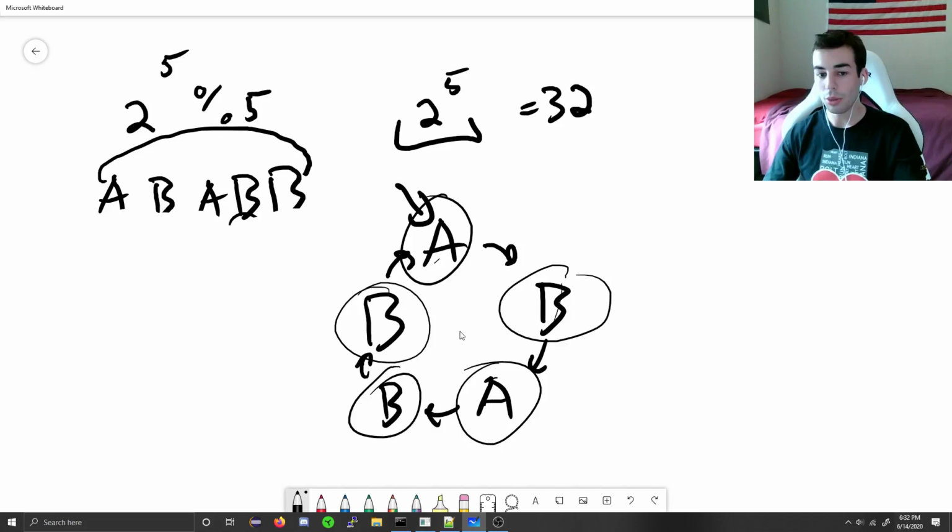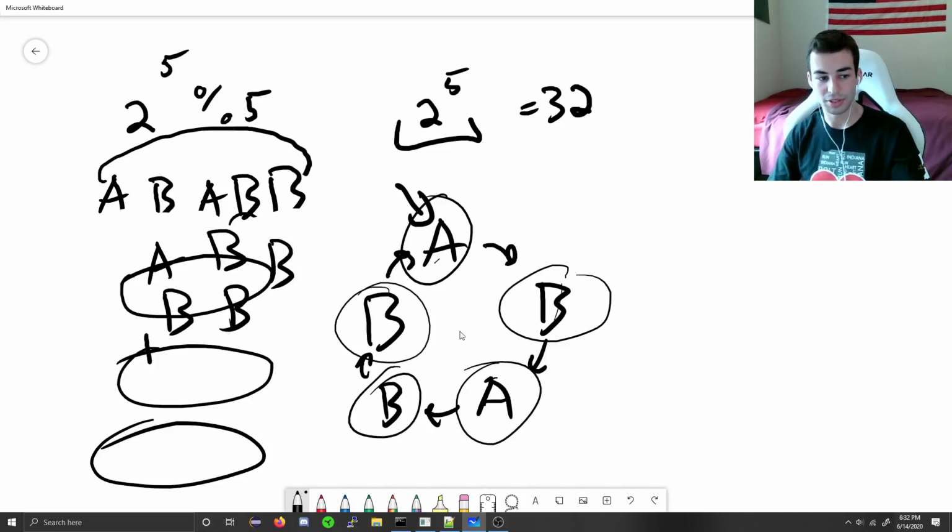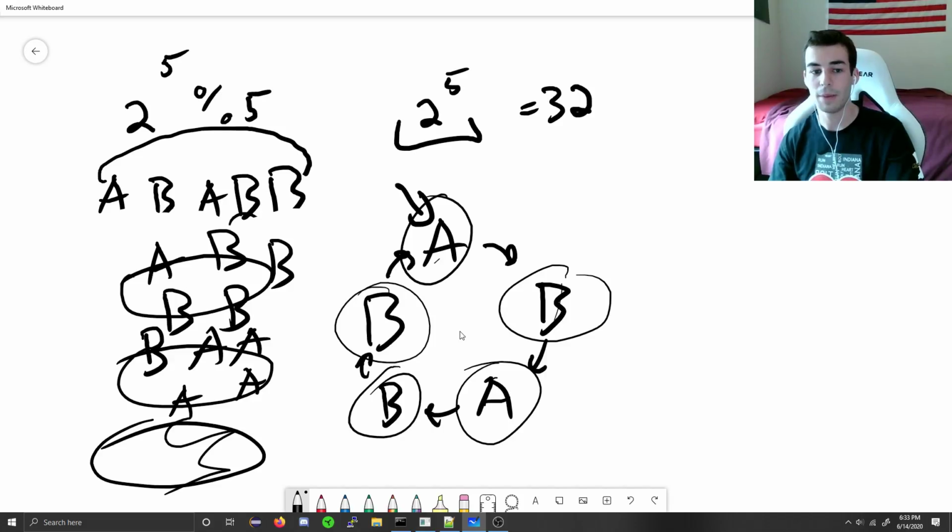So since we know there are 5 ways of doing this, and this is just for one type of necklace, there are a bunch of other different types of necklaces as well. Maybe this one's like an A and then 4 other B's. And maybe this one's like a B and then 4 A's. And then we have some other things here as well, like maybe 2 B's and then 3 A's or something like that.